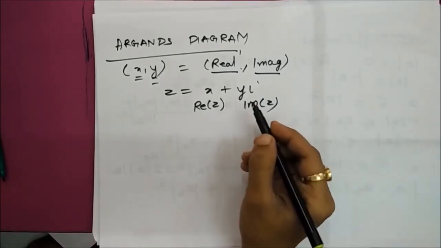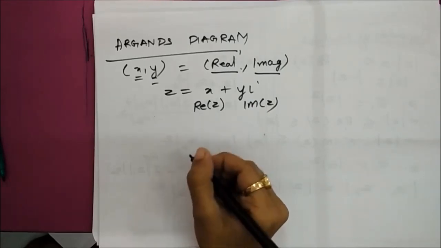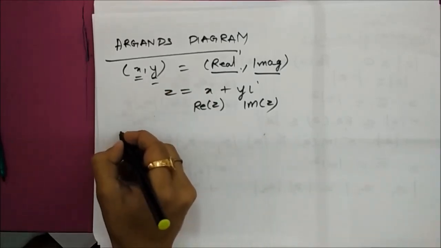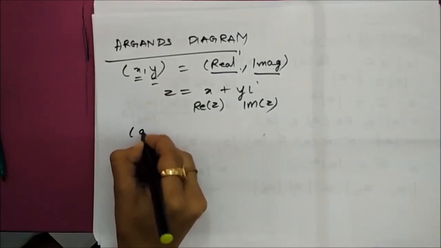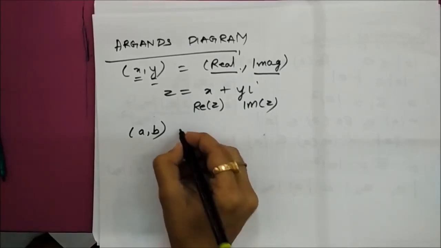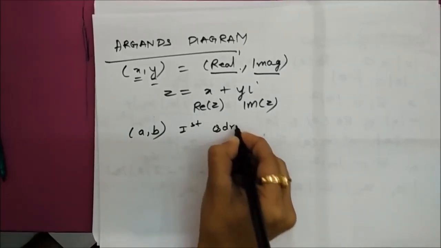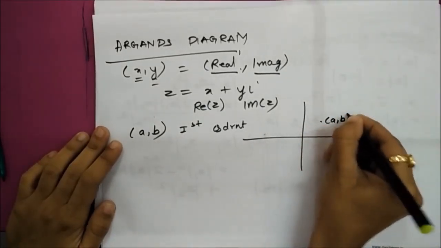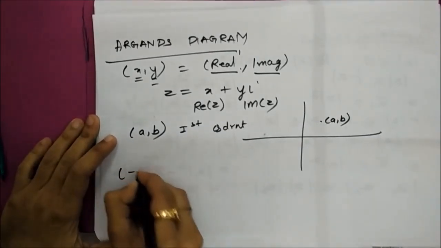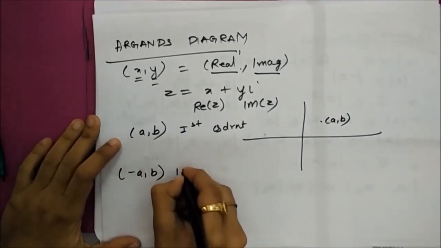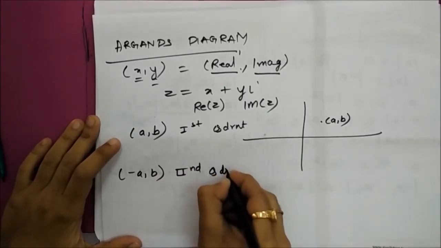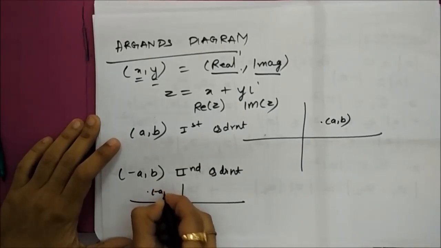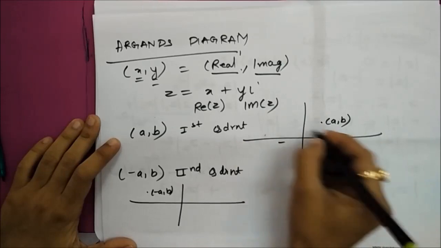After that, we will discuss certain functions. Let's say if both are purely positive, it will be in the first quadrant. If one is negative and the other one is positive, it will be in the second quadrant, because this is negative, positive.